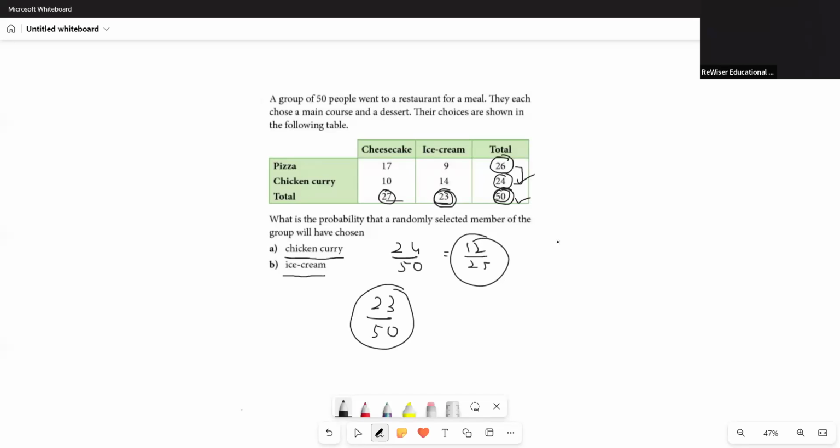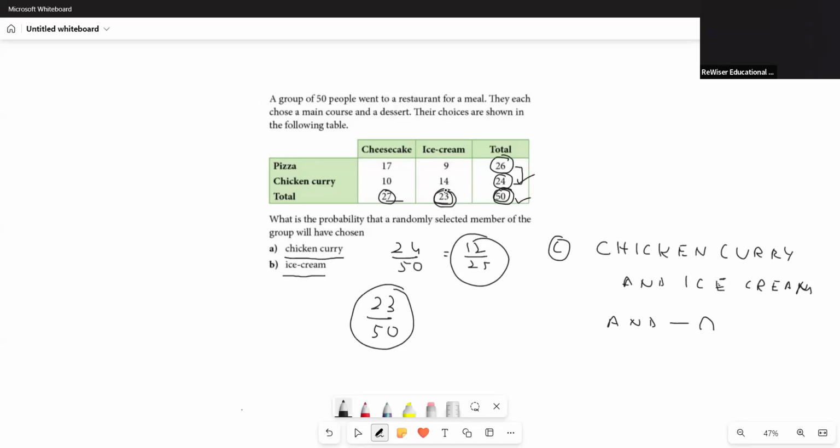In this, we can also have a variation. If they say, find the number of people who like chicken curry and ice cream, please remember, 'and' is a keyword. 'And' means intersection, as we already discussed above.